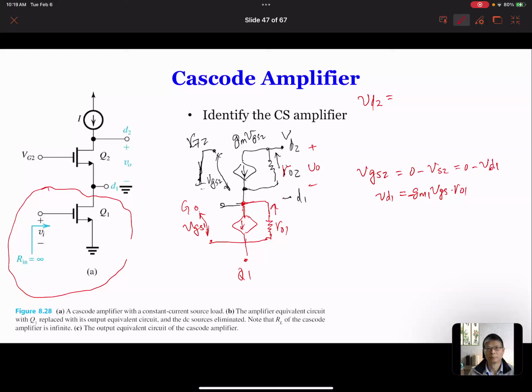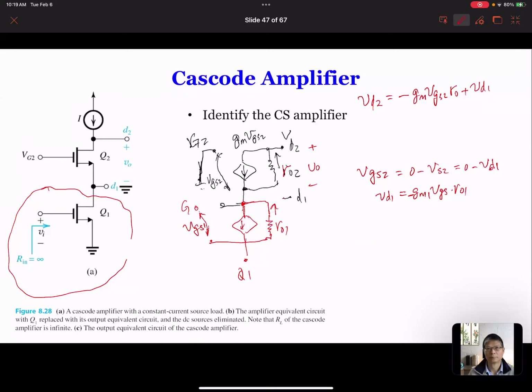Because the current is flowing up, VD2 is actually negative gm VGS2 times ro2. That's the voltage, and then plus VD1. Okay, so that's how we got that voltage.